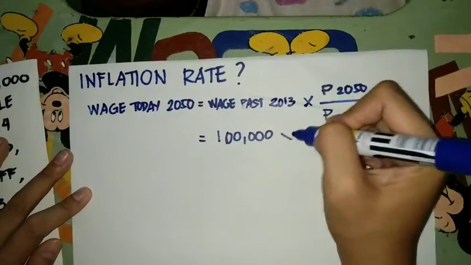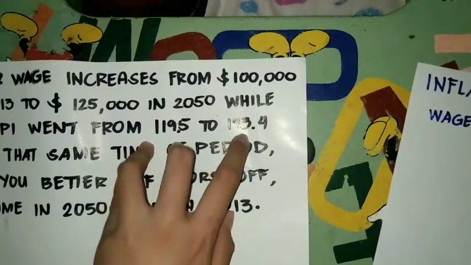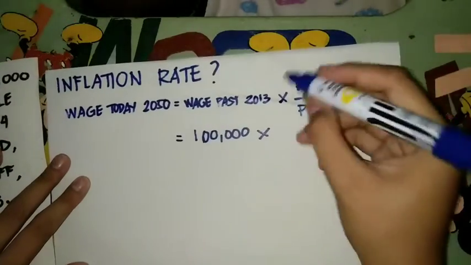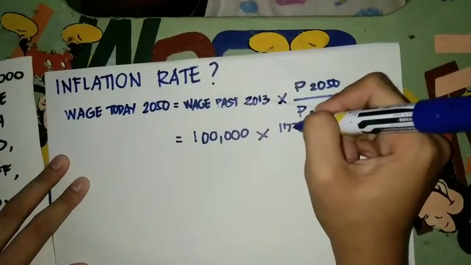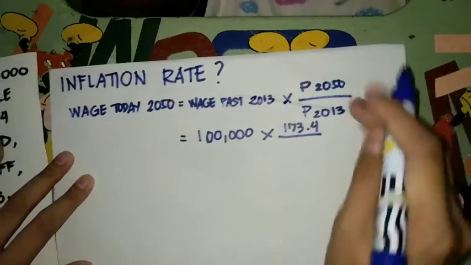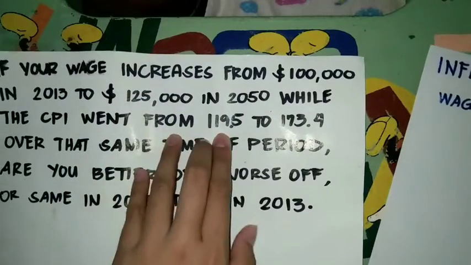$100,000 is multiplied by the purchasing power of 2050, which is 173.4, over the purchasing power of 2013, which is 119.5.